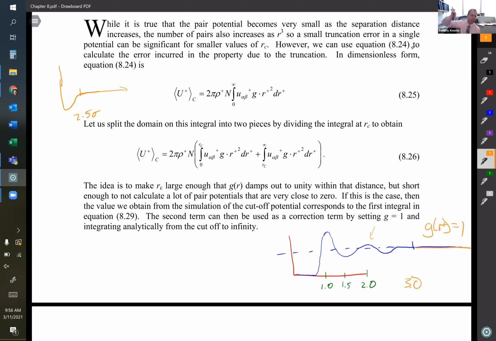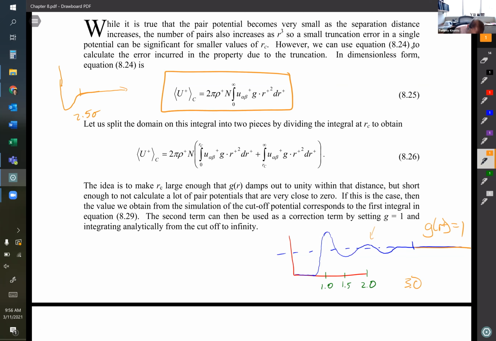So every time my potential is equal to 0, I'm going to assume my g(r) is equal to 1, because that allows me to split up this integral and calculate a correction for any of the interactions I might be missing because I did a cutoff. We know it's not strictly 0, the interaction. And so I can get a little bit of a correction.